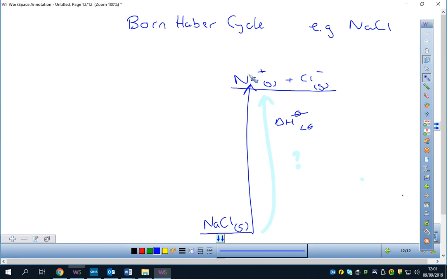In this case, for sodium chloride, the enthalpy of formation is from sodium as a solid, and note, half a mole of Cl2 gas, both in their standard states. The enthalpy of formation in most cases is a negative change. It's an exothermic reaction. So the arrow goes down.